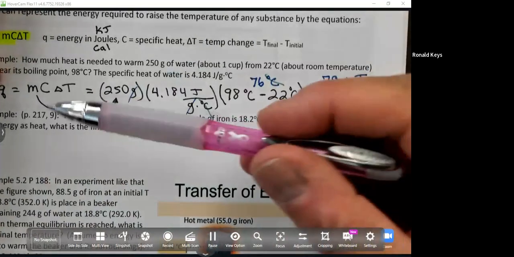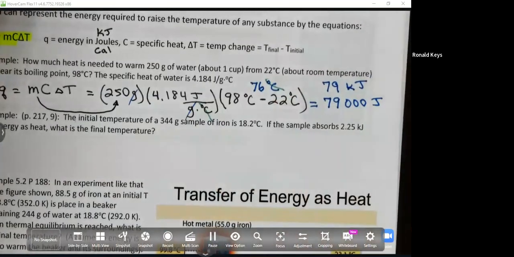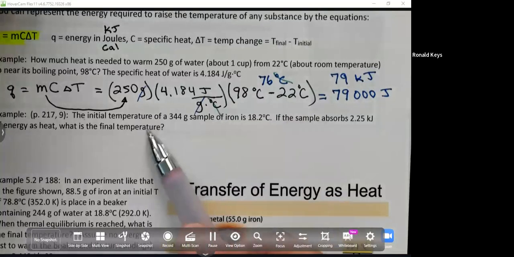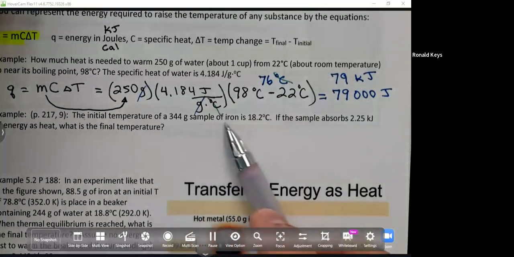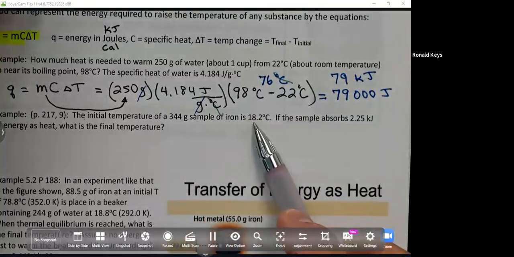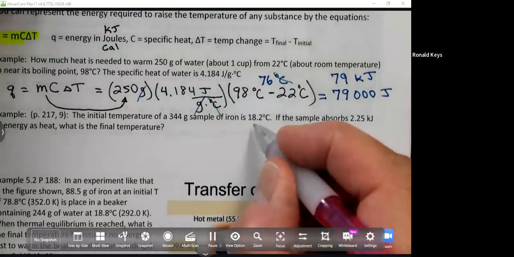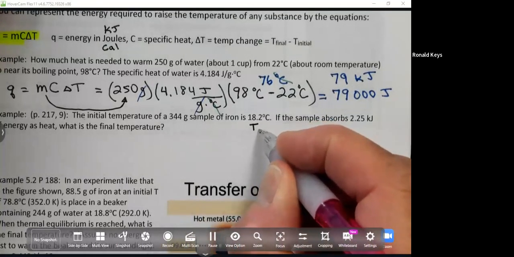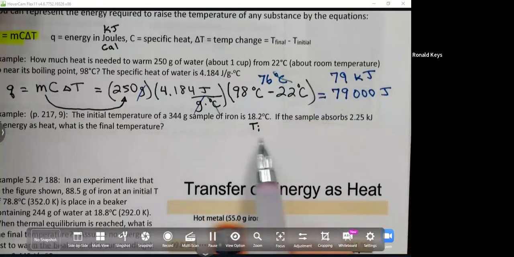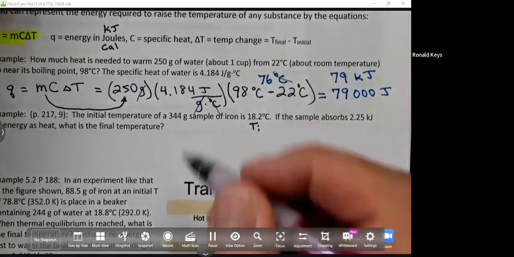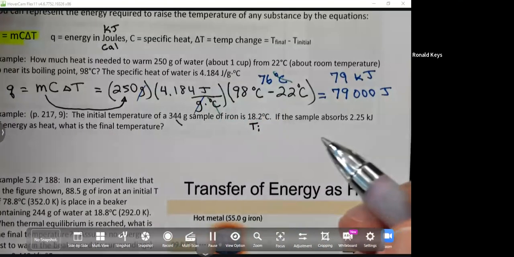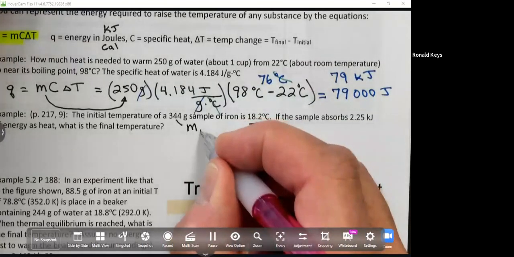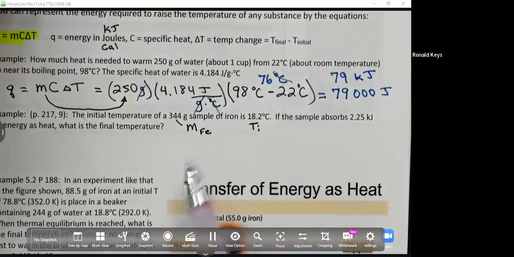All right, example 2, page 217, number 9. The initial temperature of a 344 gram sample of iron is 18.2. So this is T initial. This is the mass of iron, so I'm going to put m Fe.